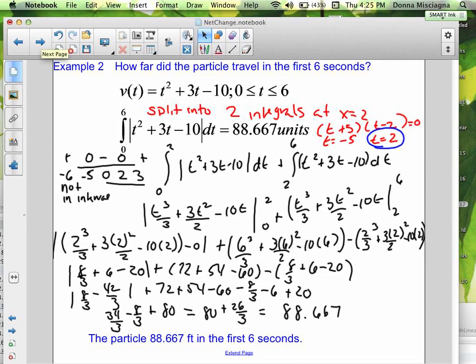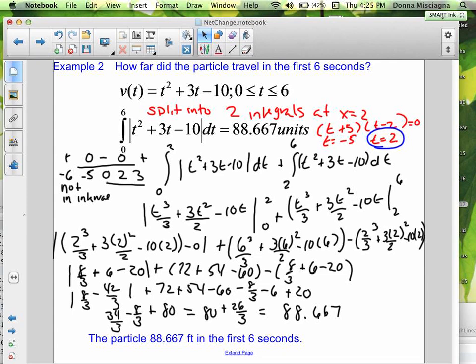Now we go to the other side here, and what I did was I added the fractions together and I added the non-fractions together, and then I simplified. And sometimes I do that so I don't have to change every single number. So then we have a 72, and a positive 54, and a negative 60, and a negative 8/3, right, distribute, and a negative 6, and a positive 20. So all I did was distribute the negative, and now I'm going to add up the numbers that aren't fractions, and add that to the one that is.